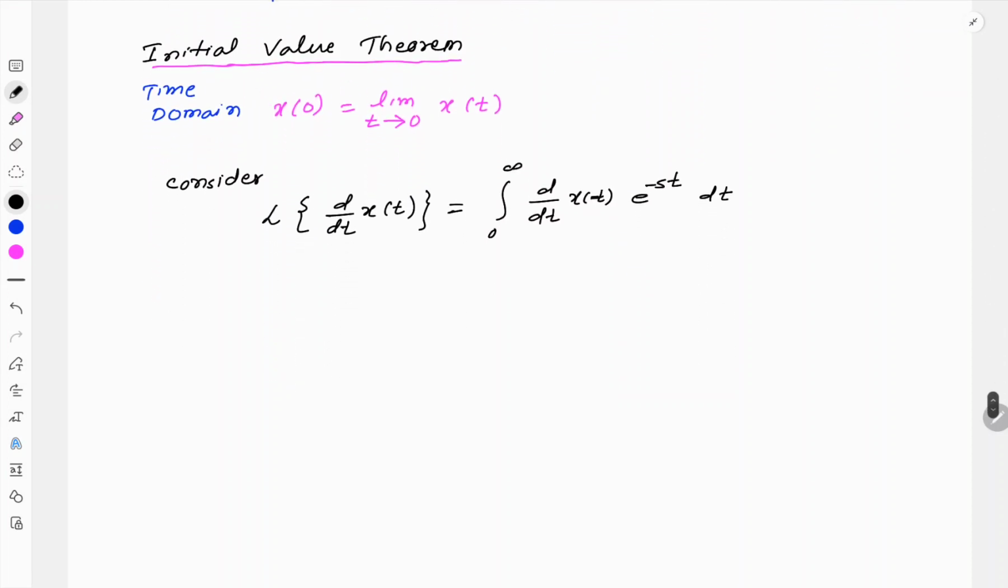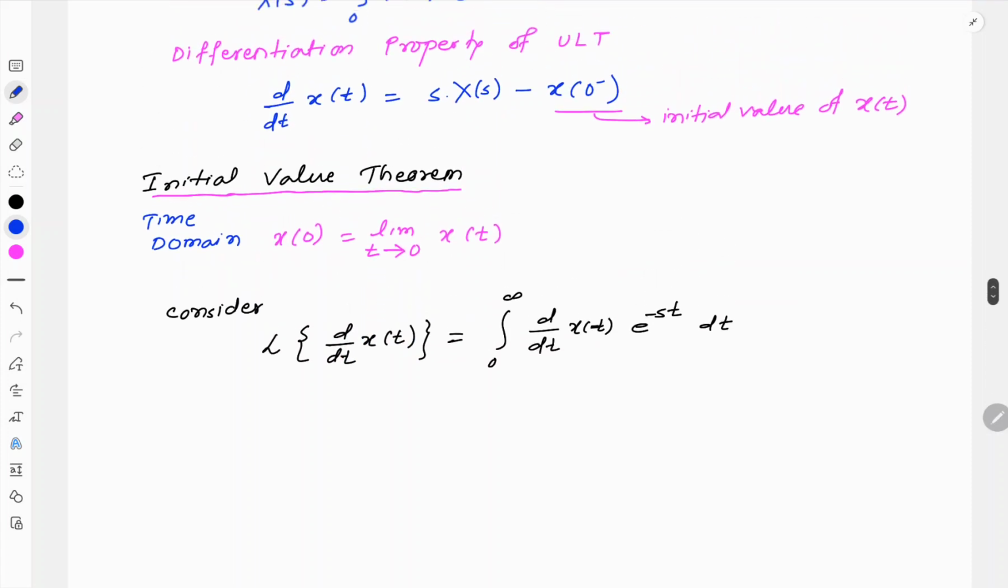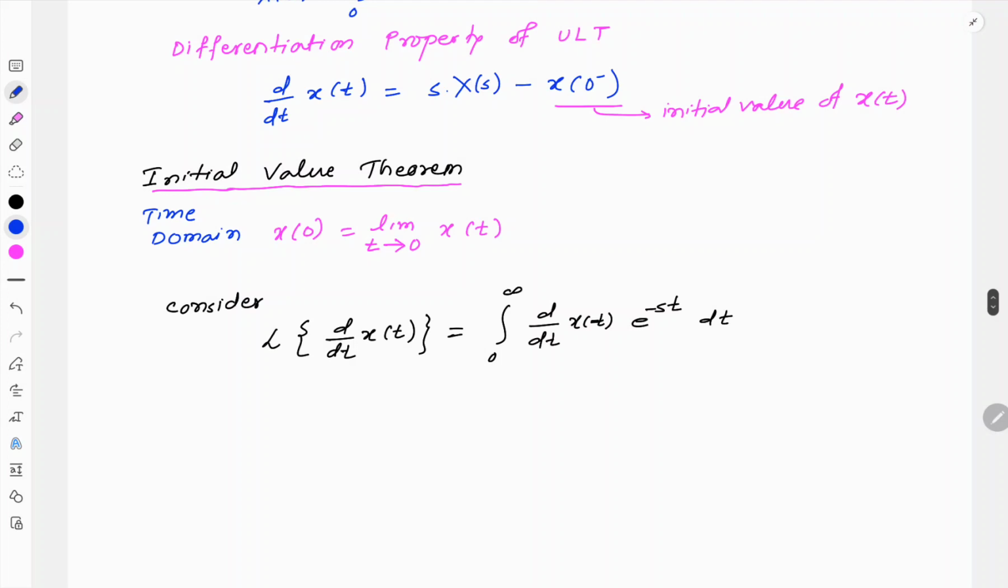Now take Laplace transform on both sides. On the left hand side, the Laplace transform of d by dt of x of t, by the differentiation property of the unilateral Laplace transform, is s into x of s minus x of 0 minus.